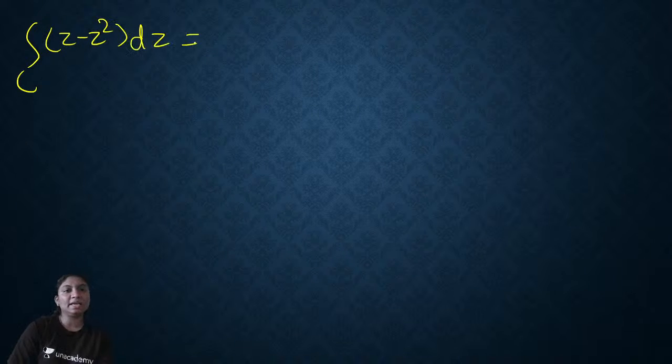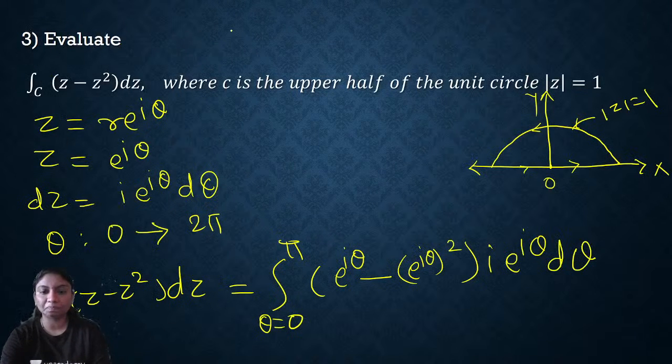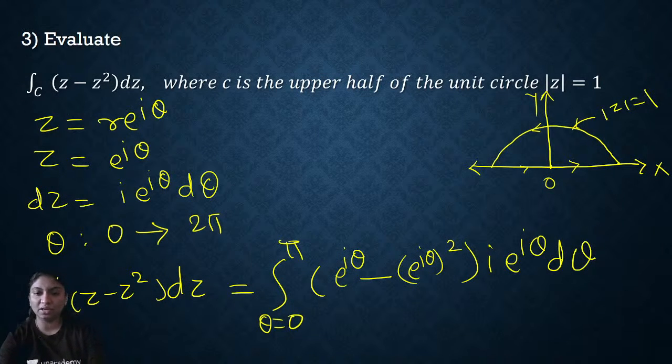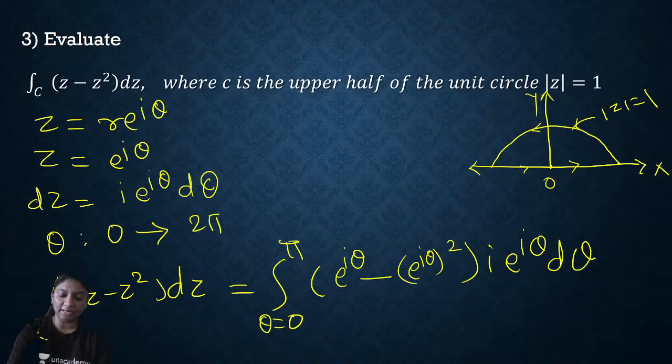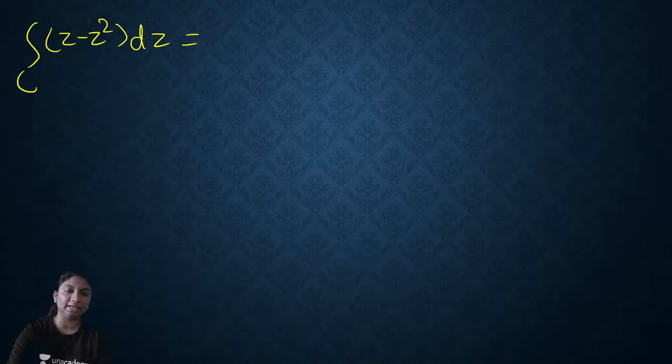So integral over c of (z minus z squared) dz is equal to the integral where we can take i outside. If you see here, e raised to i theta, and (e raised to i theta) squared gives e raised to 2i theta.